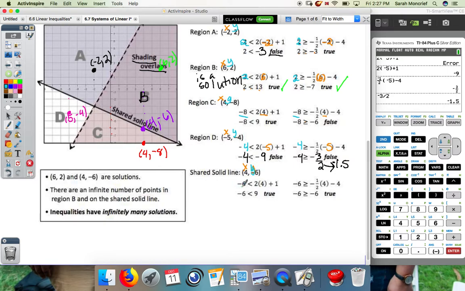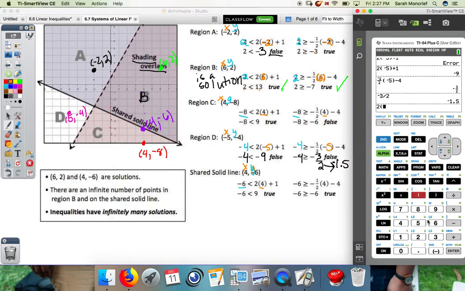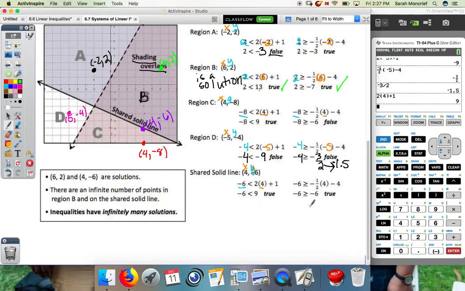So we have negative 6 is less than 2 times 4 plus 1. So what is 2 times 4 plus 1? That's 9. Is negative 6 less than 9? 100% it is, so that part is true. Now we want to check, is negative 6 greater than or equal to negative 1/2 times 4 minus 4.